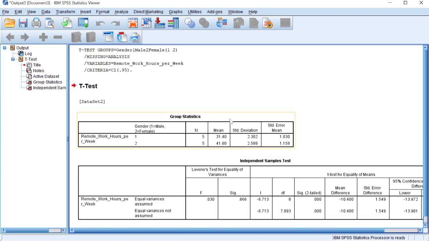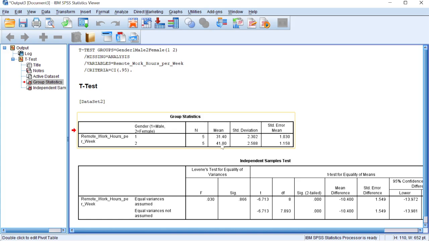Now, looking at the mean, you can see that the male has the least hours, while the female can work for higher hours for remote jobs, which is 41.80. But you can't really conclude with this.